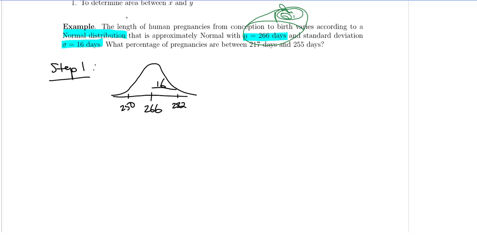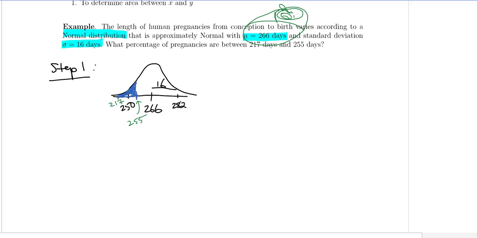Well, the scenario is to figure out the percentage, or also the area between 217, which is somewhere over here, and 255, which is somewhere over here. So we want to figure out what this area is between these two values. Okay, and so let's just say that this is 217 and that this is 255.